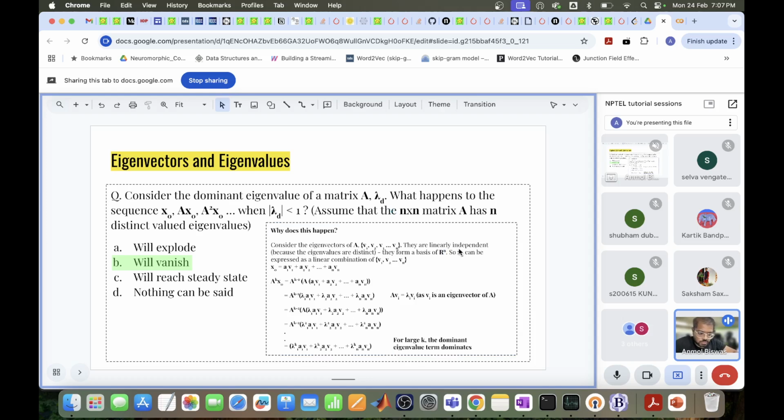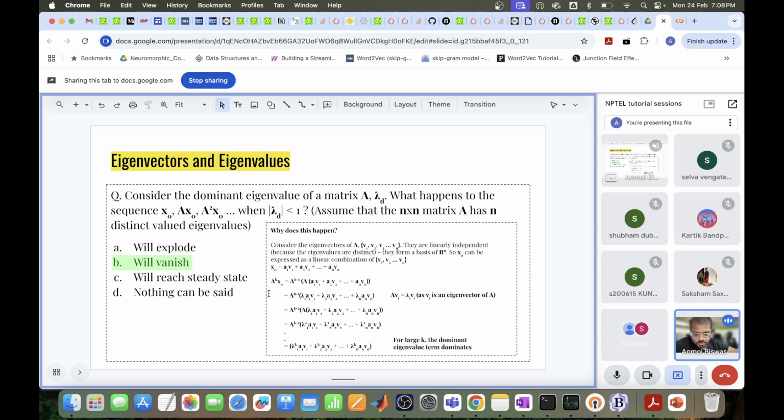Which means that x0, which is an n-dimensional vector, can obviously be expressed as a linear combination of these vectors. So we can write x0 equals a1 v1 plus a2 v2 plus and so on up to an vn, where a1, a2, an, etc. are real numbers, like scalar multiples.